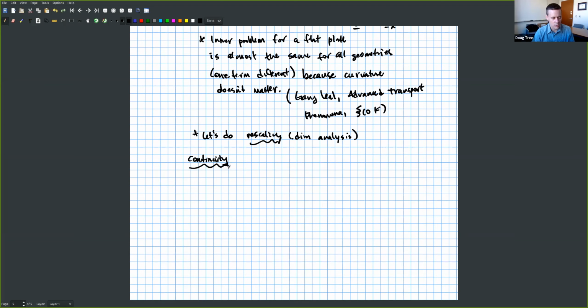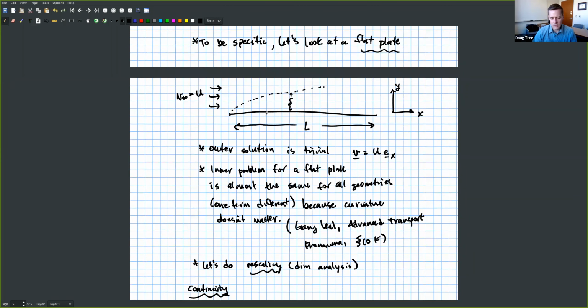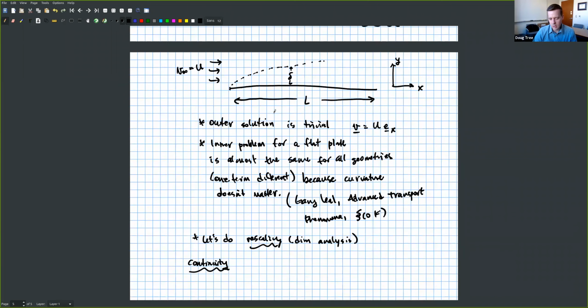Let me pause real quick before I dive in the math. Are there any questions about the idea of the flat plate or about this idea about rescaling really quick? I have a quick question. Delta is a function of L, is that correct? Yeah, well, technically not of L, so it'll be a function of X. Oh, sorry, of X, yeah.